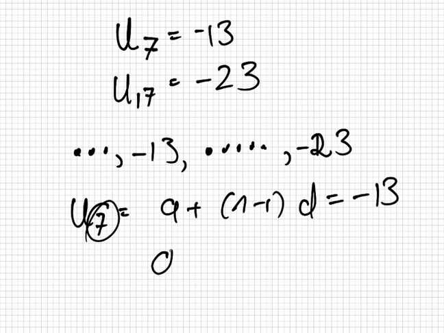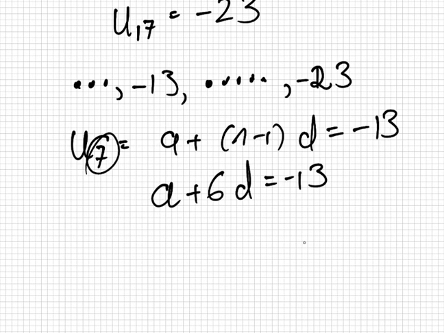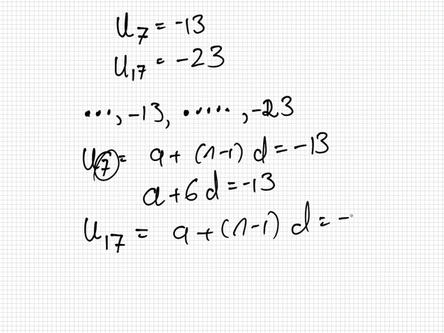So we get A plus 6D equals minus 13. We also know that the 17th term, that should be minus 23. So we know that A plus 16D should equal minus 23.